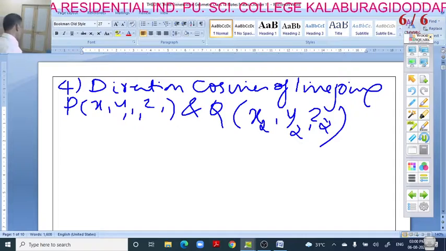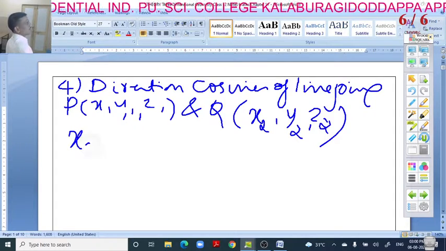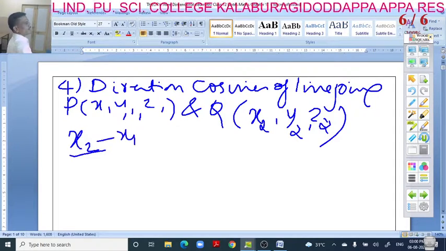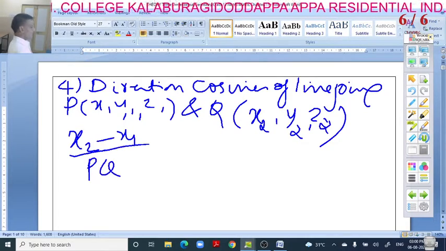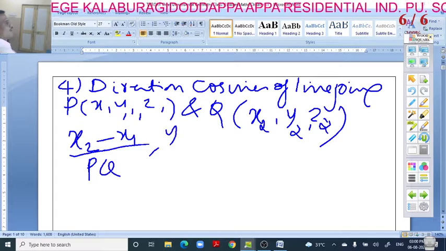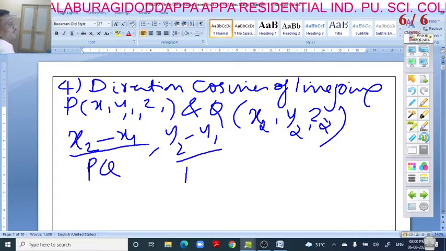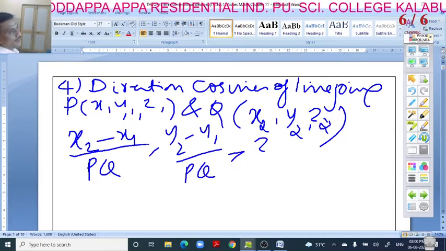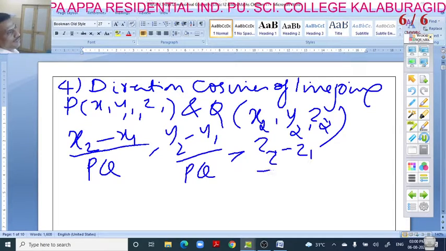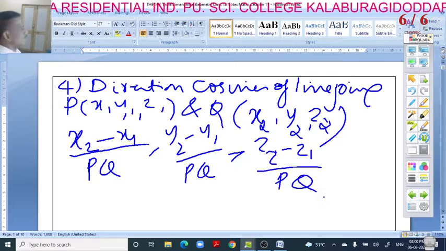Here the direction cosines of the line joining the 2 points are x2 minus x1 divided by PQ, y2 minus y1 divided by PQ, z2 minus z1 divided by PQ.